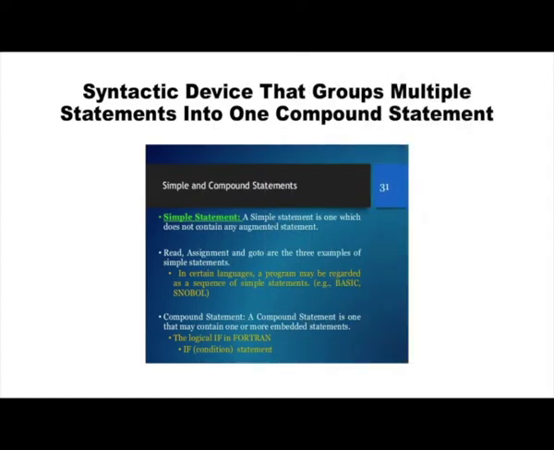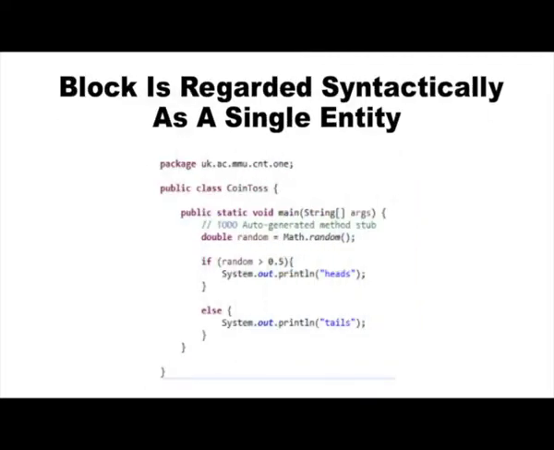The usual approach taken by most programming languages is to define a syntactic device that groups multiple statements into one compound statement or block. A block is regarded syntactically as a single entity.